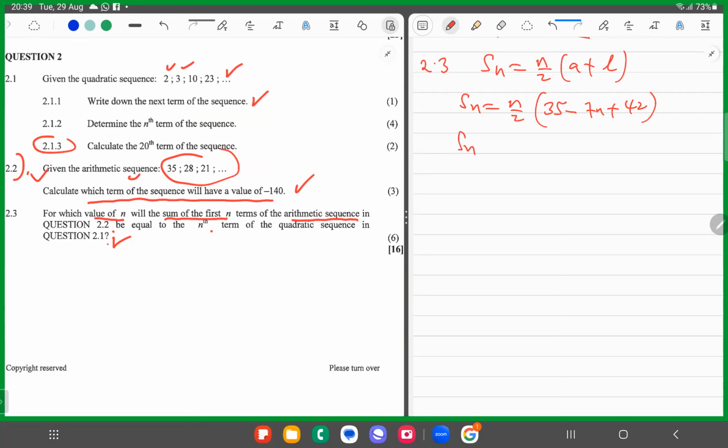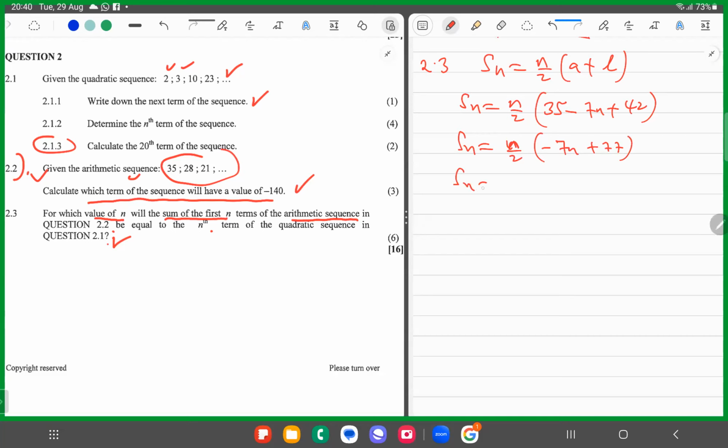So Sn equals, okay, use the last term formula. So it is exactly n over 2 into, and then here you have minus 7n, and then you have plus 77. Okay, we go on and on.